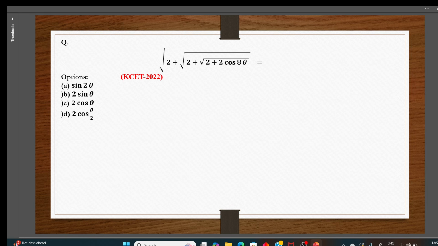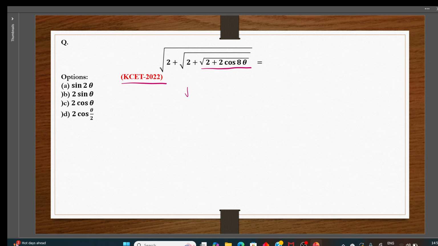Next, KCET 2022, same year. The question: square root of 2 plus square root of 2 plus square root of 2 plus 2 cos 8 theta. Here, first we have to simplify this.